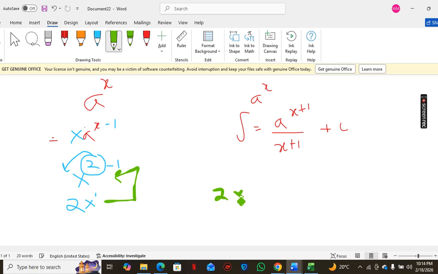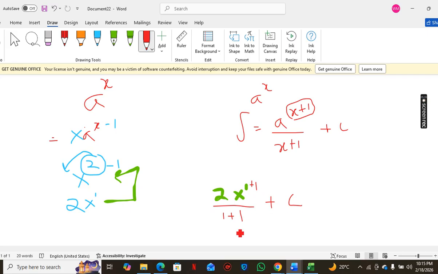If we integrate 2x to the power 1, with integration you add 1 to the power. So you have 1 plus 1, and what you do on top with the power, you do at the bottom, over 1 plus 1, plus c.